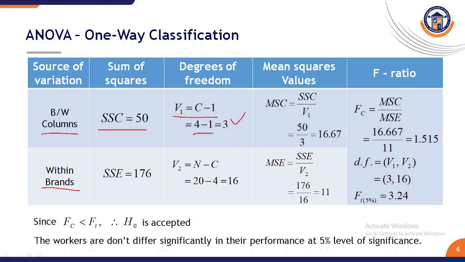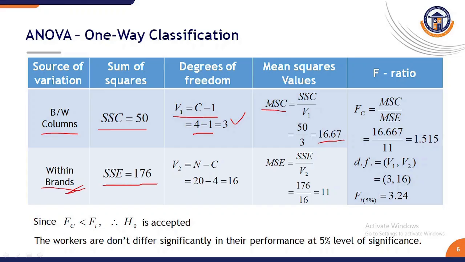Next to find out the mean square values, MSC, mean square values between columns. It is evaluated by the formula SSC divided by V1. Therefore MSC equal to 16.67. Then similarly formulate the second row for the within columns values.